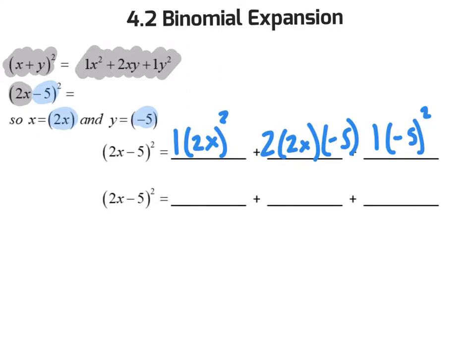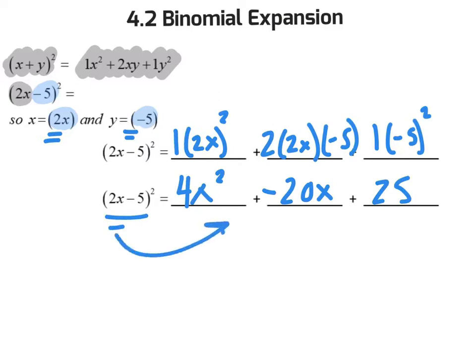I have placed in 2x wherever the x's were, and I put in the negative 5 wherever the y's were because of the change out here. So my answer would be 4x squared minus 20x plus 25. So that's what that is. We know how to expand that. But I wanted to do a simple one before we get to some trickier guys with this.